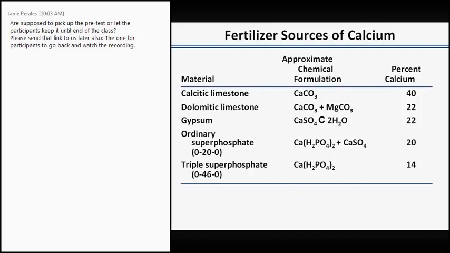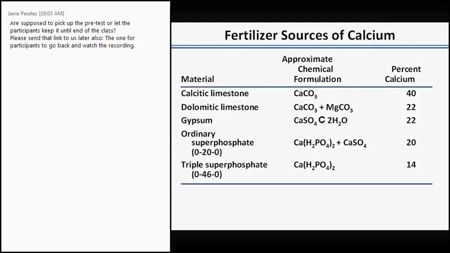The amount of calcium in the dolomitic limestone and gypsum is 22%, and 40% in the calcite. Ordinary superphosphate is a calcium phosphate plus gypsum.